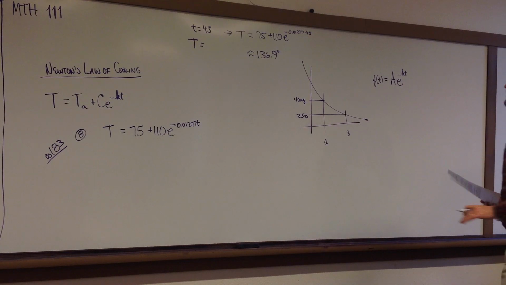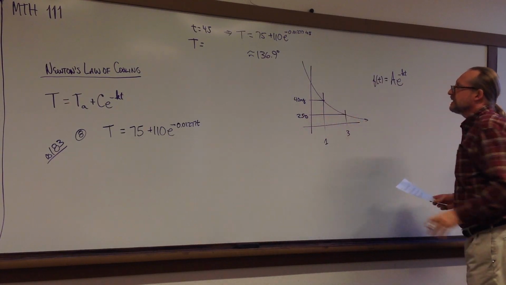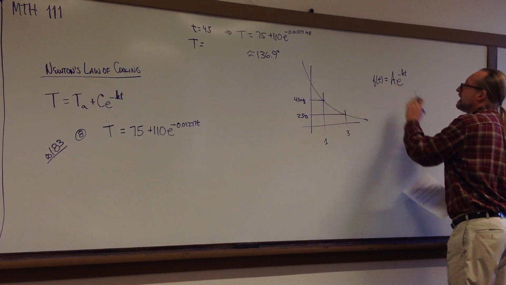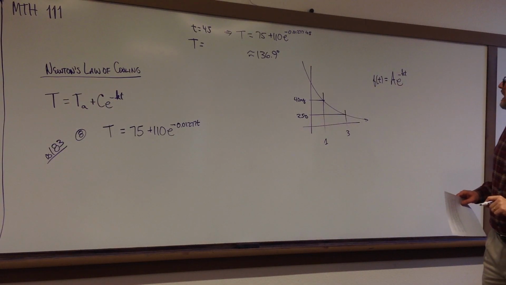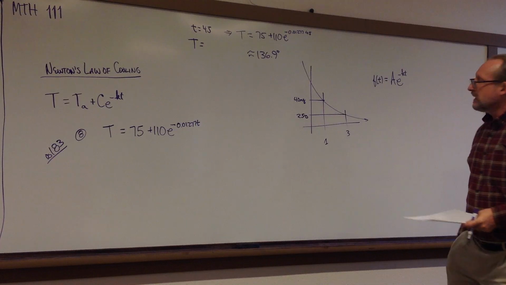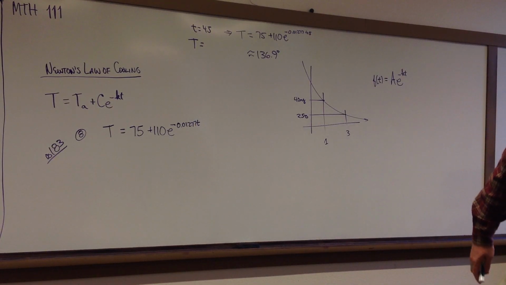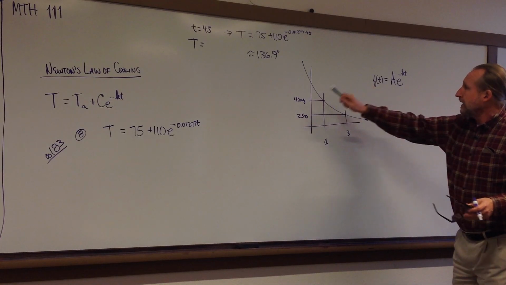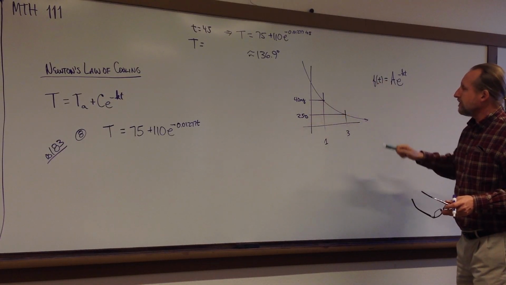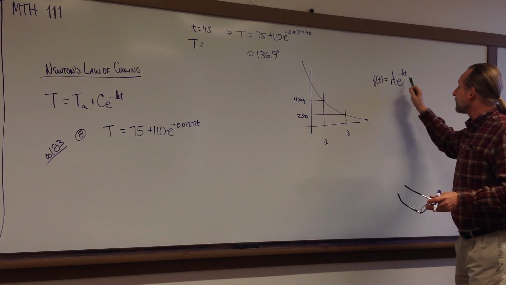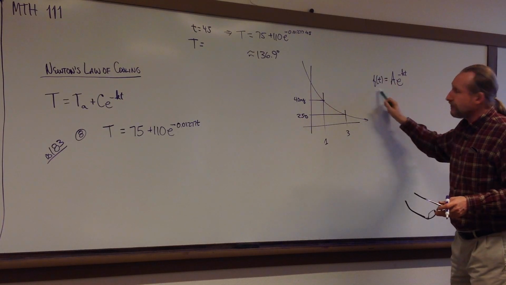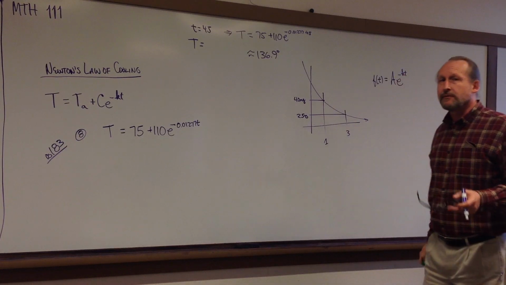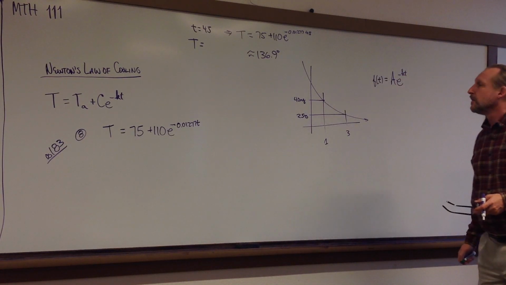There are 2 ways that you can use this information to find the values of K and A. One is to plug in 1 for T and 40 for the Y value, and then 3 for T and 25 for the Y value. Then you'll have a system of equations, and you can solve that pretty easily by substitution.